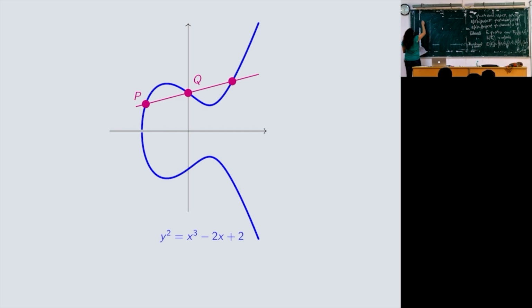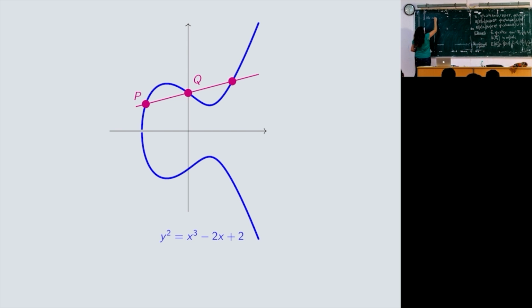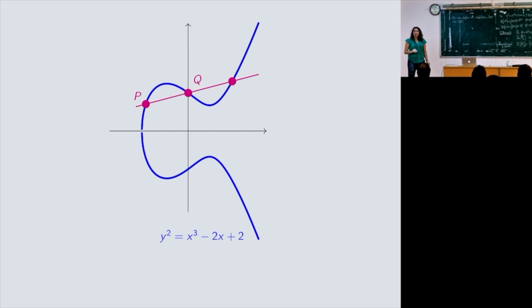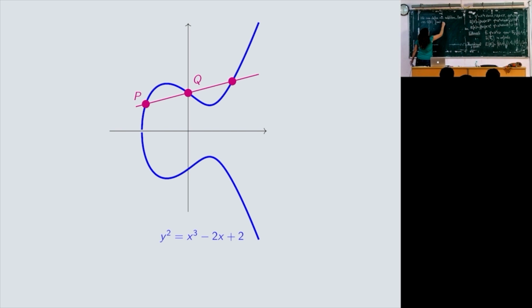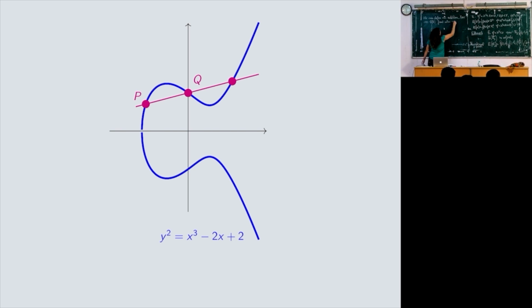So what happens is that we can define an addition law on the set of points of my elliptic curve, and also on the set of rational points. Okay? This is defined in a geometric way.